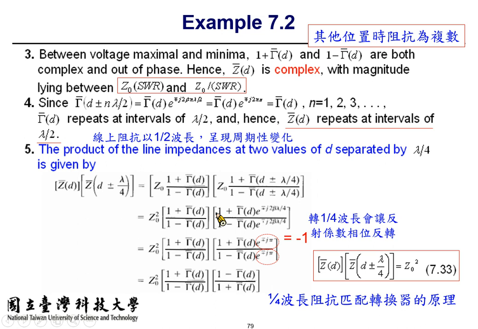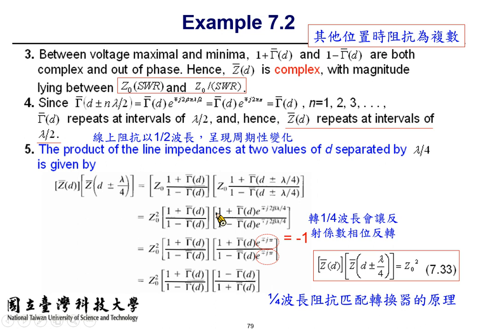And we know that the propagation delay of a quarter wavelength will be exponential minus or plus j2 beta lambda over 4. If you substitute beta with 2 pi over lambda, this will end up with plus or minus j pi.